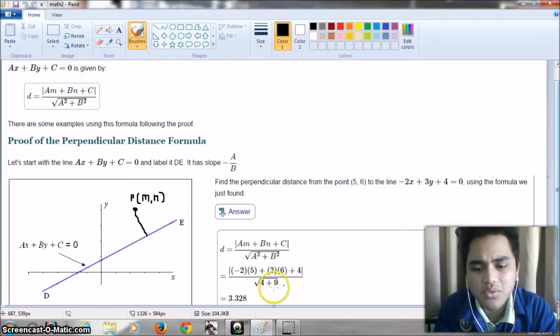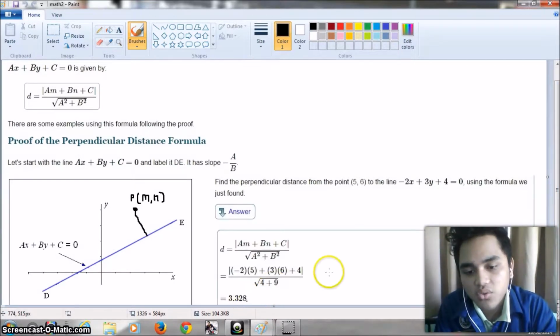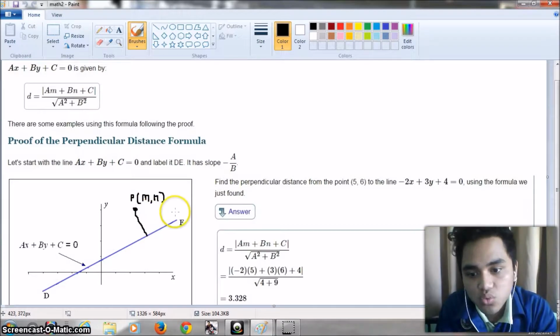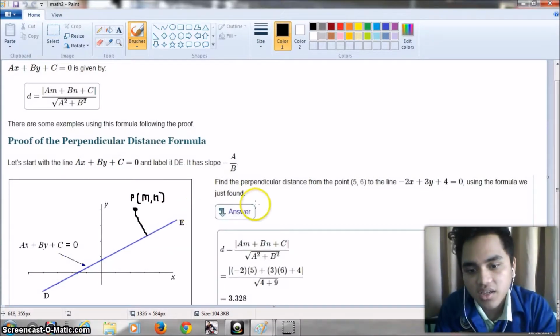Just calculate with a calculator and you will get 3.328. So the distance between the point (5, 6) and this line is 3.328.